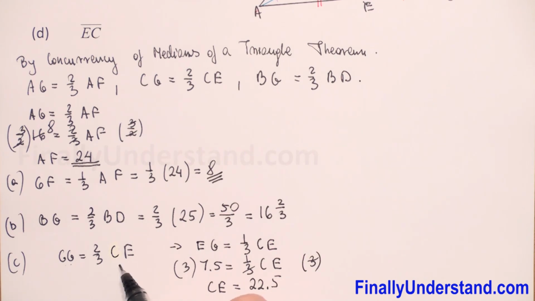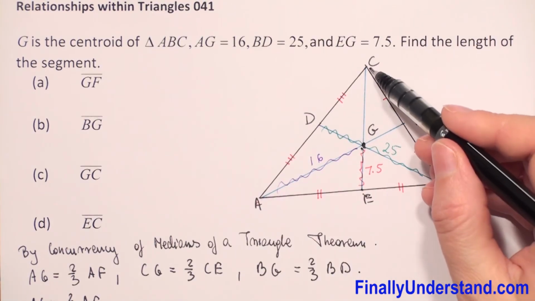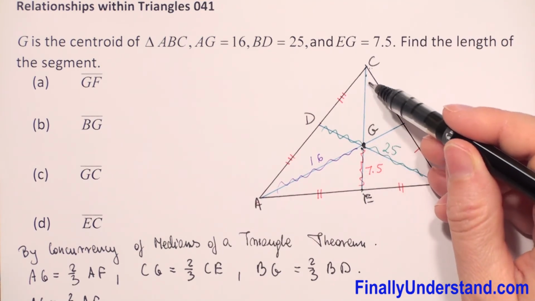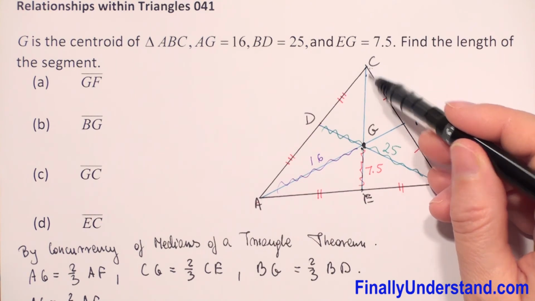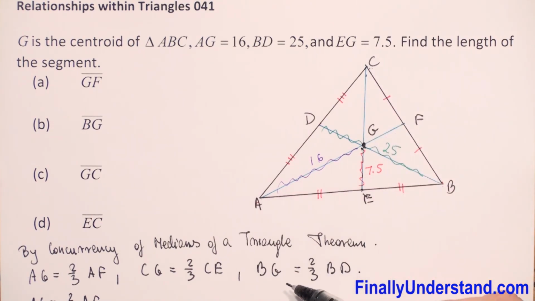We have CE. So now we can come back to our equation. If we have CE, the length of this whole segment, we can find now CG, because CG from the concurrency of medians of triangle theorem is 2/3 of CE.